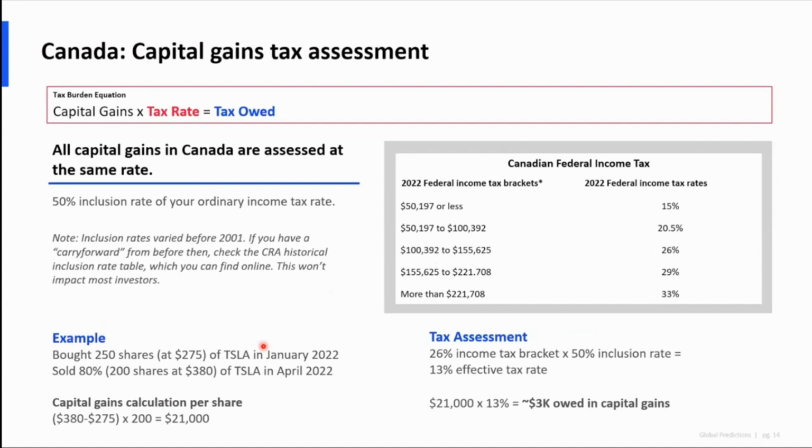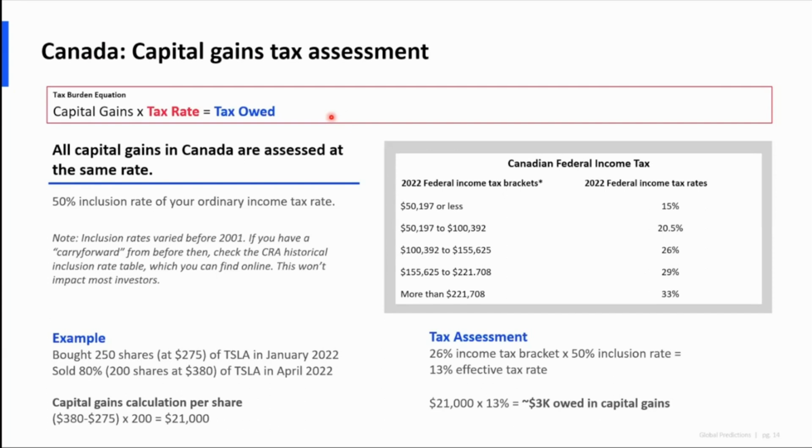So anyway, just to go back to this equation, that's how you get the capital gain. You're going to want to multiply that by the tax rate that is relevant to you, and then you'll get the tax owed. And so in Canada, where again, I think most people here are joining from, it's basically just based on your normal income tax rate.